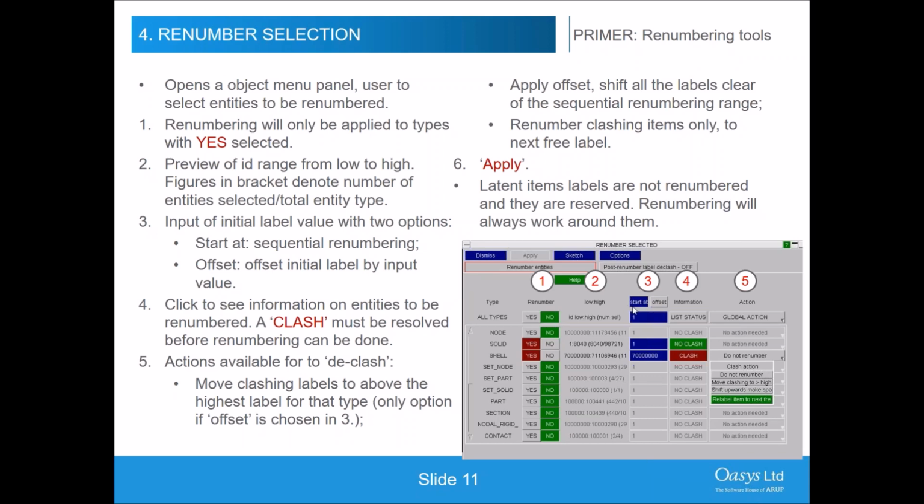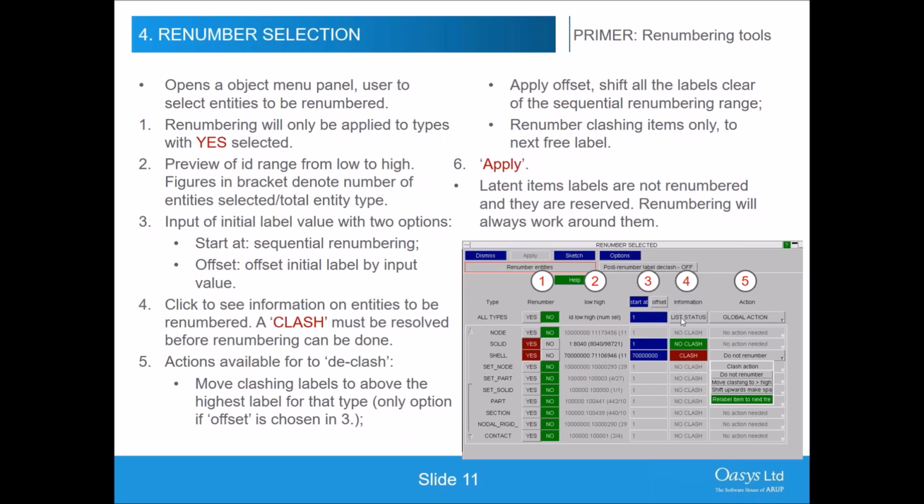You've got two different options there: start at or offset. Start at just renumbers sequentially, whereas offset allows you to input a number and add that to the initial label, and it basically just pushes them along by a certain value.